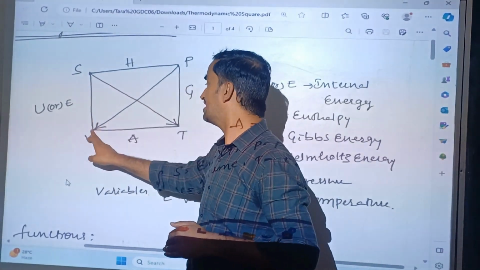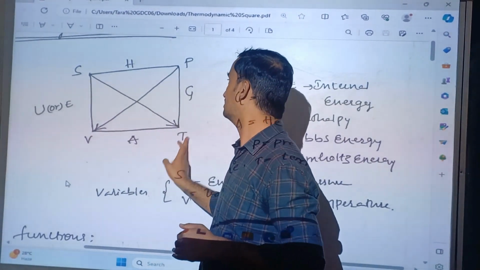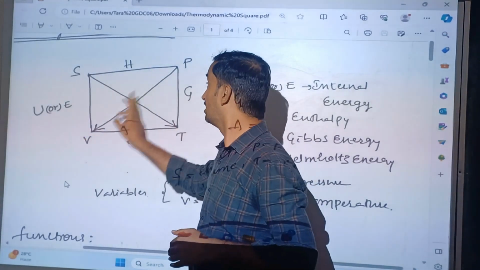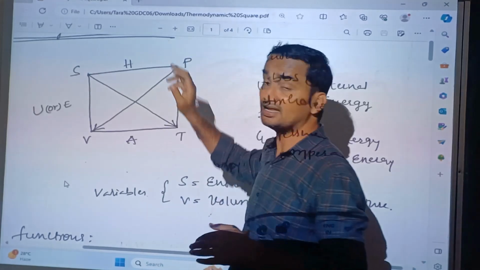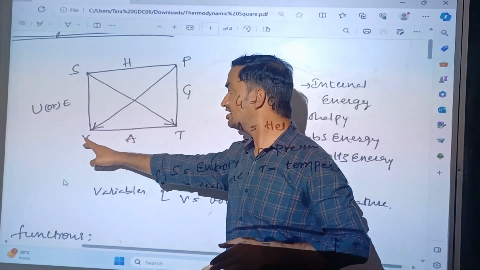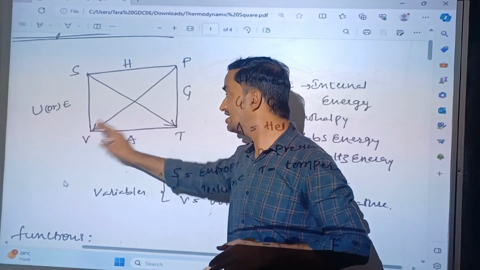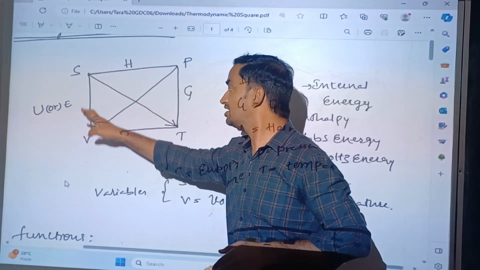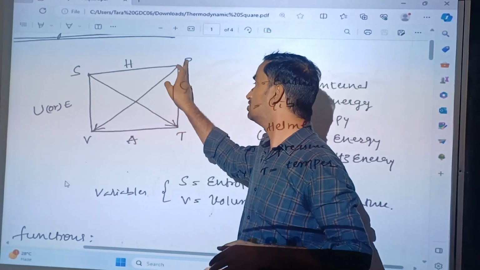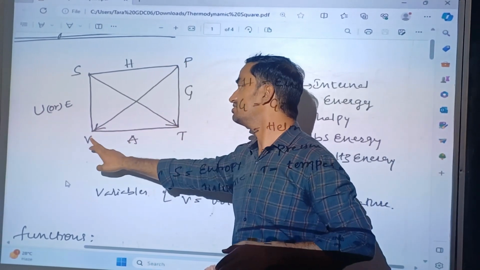Dou S by dou V at constant temperature. Like that, dou P by dou T at constant... In the numerator we have pressure, so the opposite variable of pressure is V. So that's why V is constant. So dou S by dou V at constant temperature is equal to dou P by dou T at constant volume.